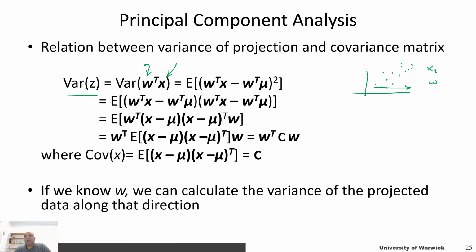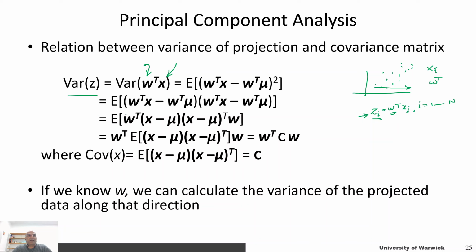So if you've got a data point, let's say Xi, and we've got a vector W transpose, then after the projection of Xi onto W through the dot product, let's say we get Zi, which is going to be a scalar now. What we want to do is calculate how much variance there is across all the points after the projection onto this W vector, okay?